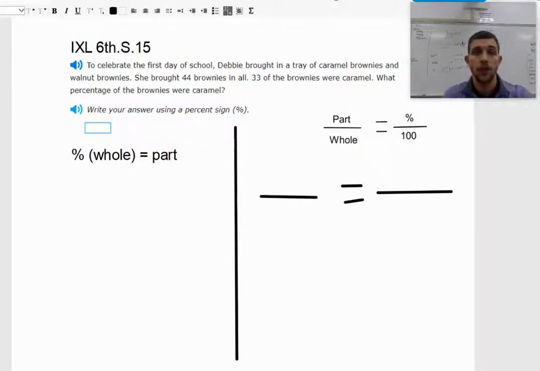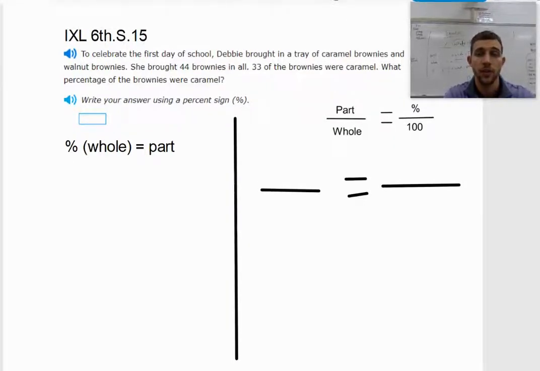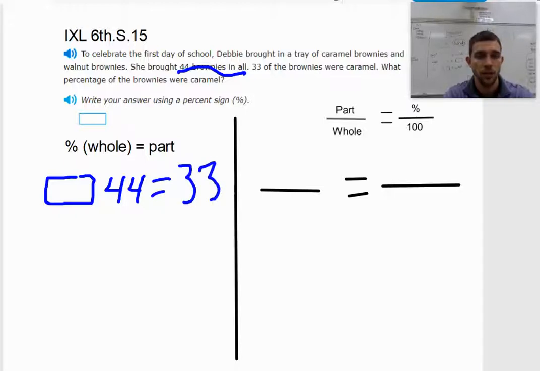We go across, and we don't know what the percent is, so we're going to use a variable, or in this case, since we haven't learned variables, we're going to use a box. We know that the whole is 44 brownies in all, and that's equal to the part, which is 33. So we have a multiplication problem, but we're missing a factor. Those two pieces of the multiplication, 44 and the box, are factors.